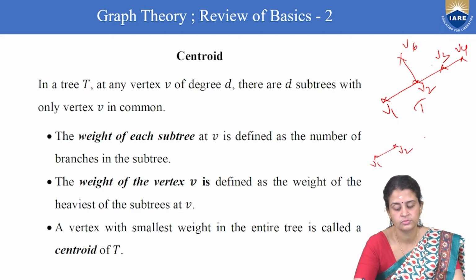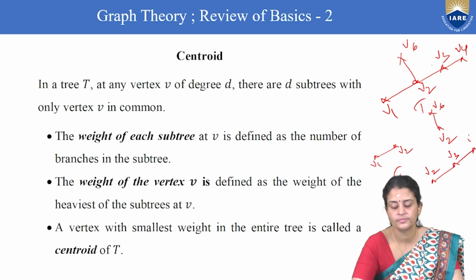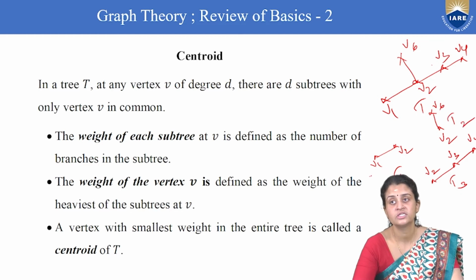V1, V2 is one subtree, another one is V6, V2, and another one is V2, V3, V4. These are T1, T2 and T3.